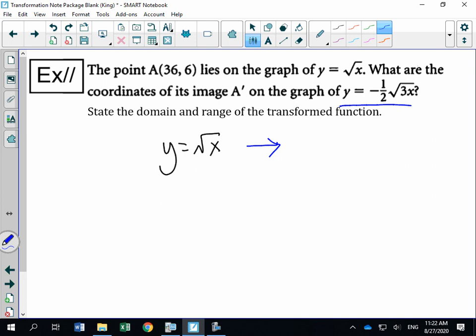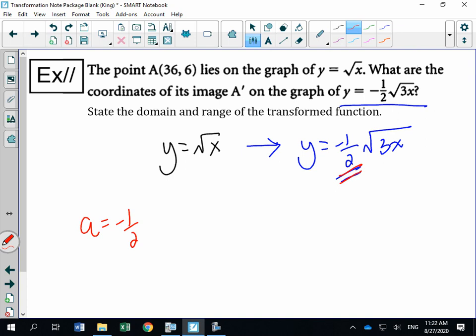It underwent this transformation, so y is equal to -1/2 square root of 3x. Once you have your transformation, get your a value and your b value. My a value is equal to -1/2. That's a vertical stretch with stretch factor 1/2.